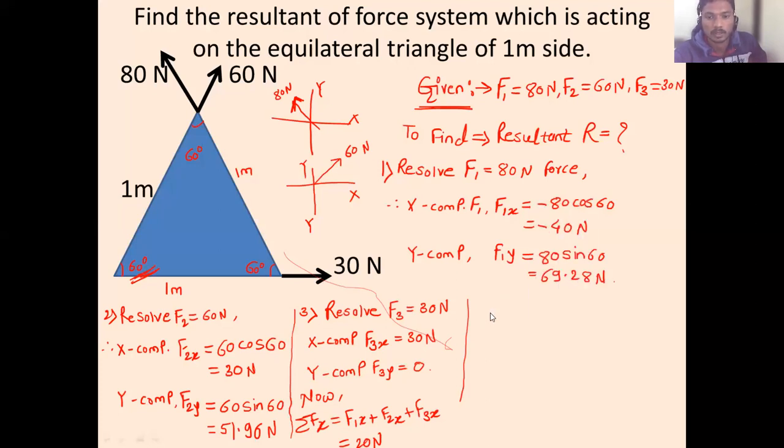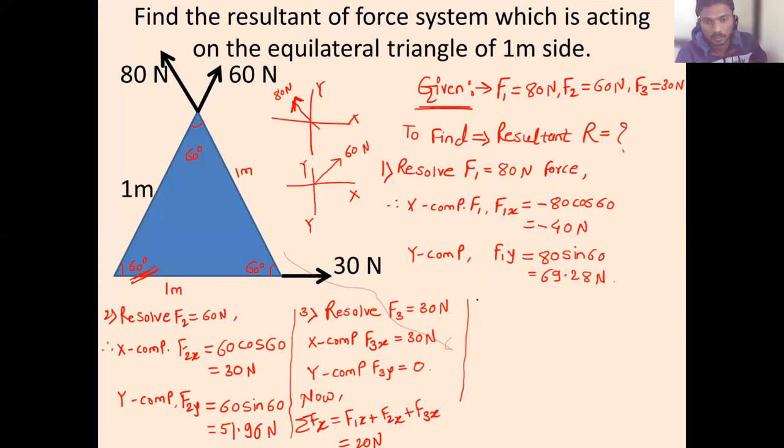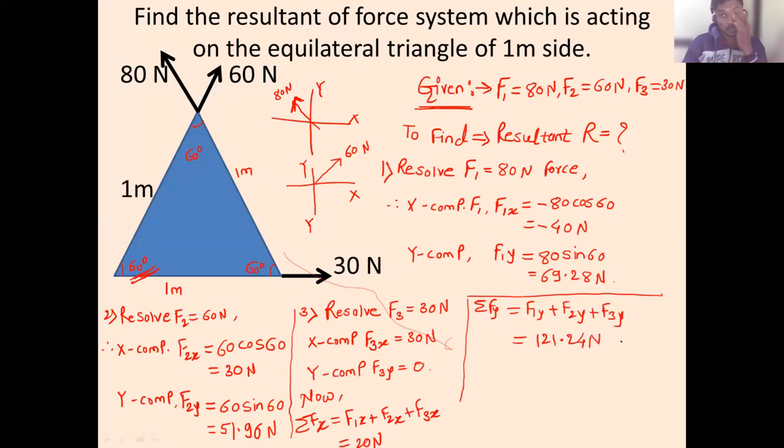Summation Fy is equal to F1y plus F2y plus F3y. Calculate. How much is it? 121.24 Newton.